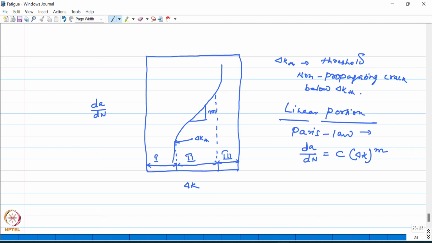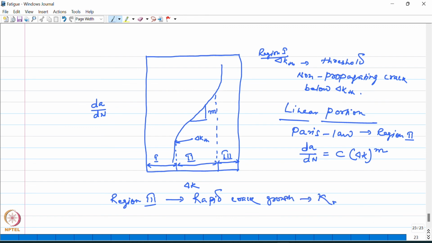Okay. Region 3 is characterized by rapid crack growth, when K maximum approaches Kc, which is the fracture toughness of the material.